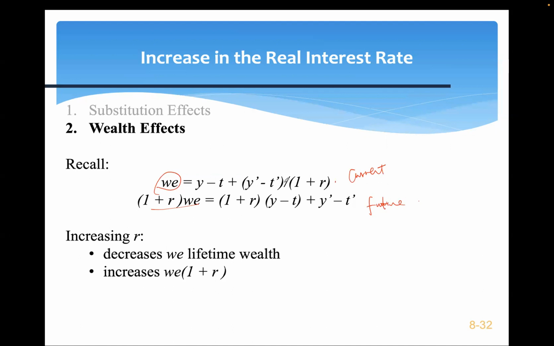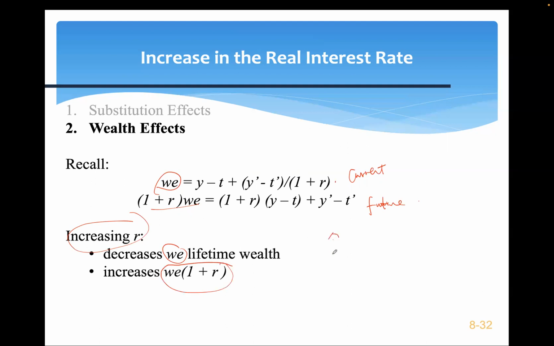But certainly it depends on who you are, a lender or borrower, and then it's going to have a different impact. But for now, basically this means an increase in R is going to decrease your current wealth, but it's going to increase your future wealth.